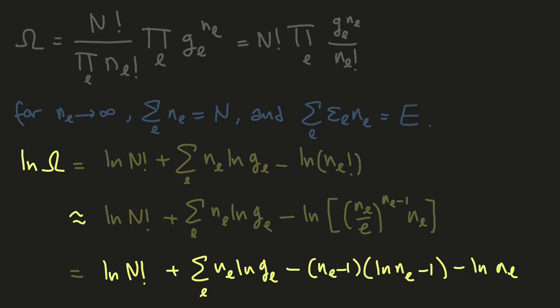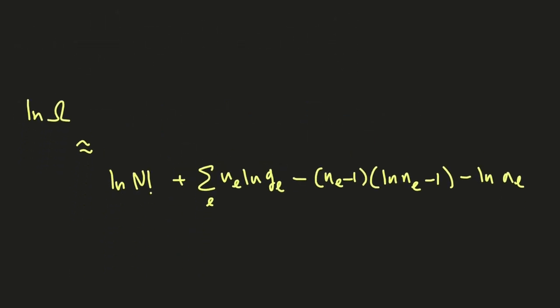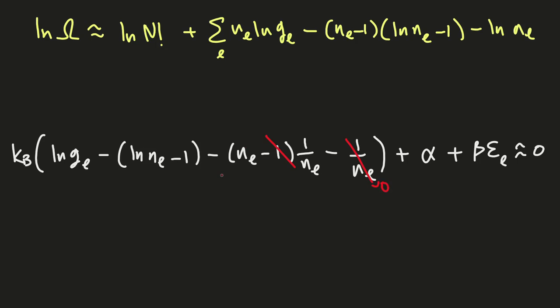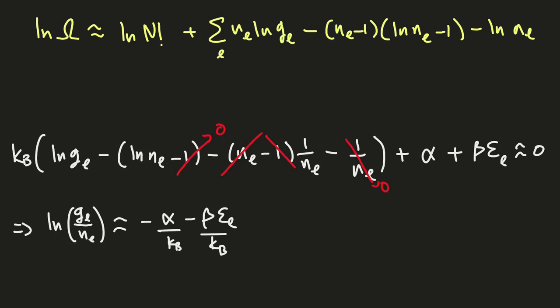By this approximation and by the Lagrange multiplier method as before, we get the result of the first partial differentiation with respect to Nl as this, and next we can eliminate this fourth term because of subtraction, then the next result is this logarithm. This logarithm will lead us to this result.